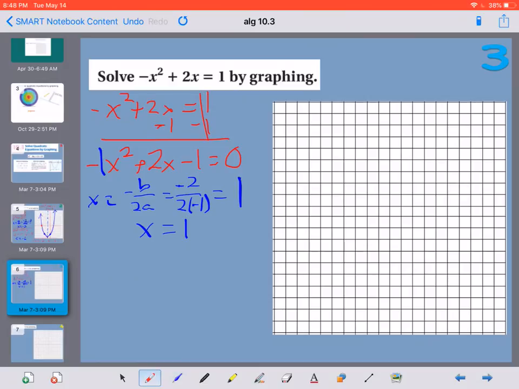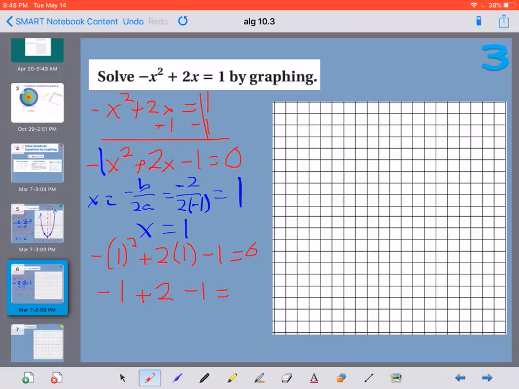Now to find my vertex, put that back in. We get negative 1 squared plus 2 times 1 minus 1 equals 0. 1 squared is 1, but then that negative comes out, so it's negative 1, plus 2 times 1, which is 2, minus 1.